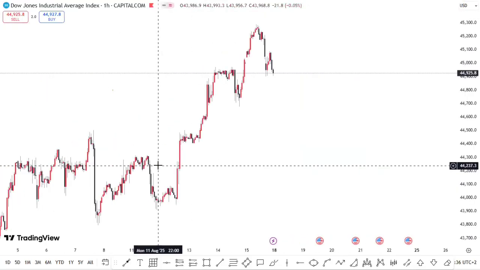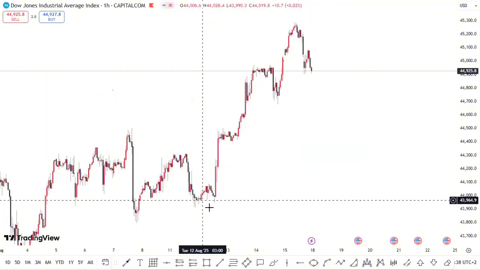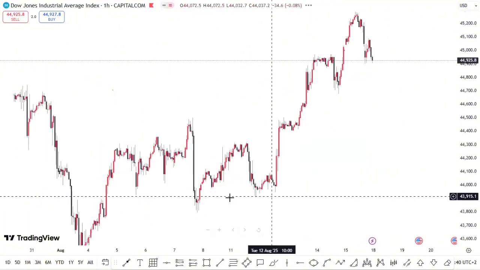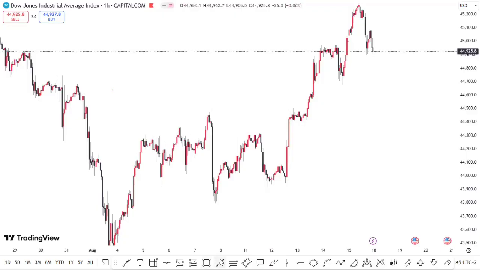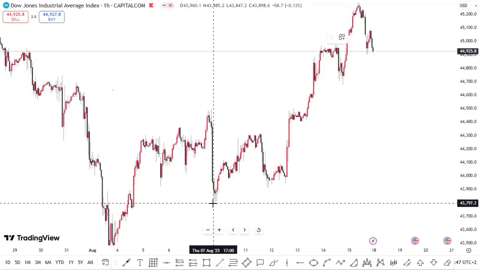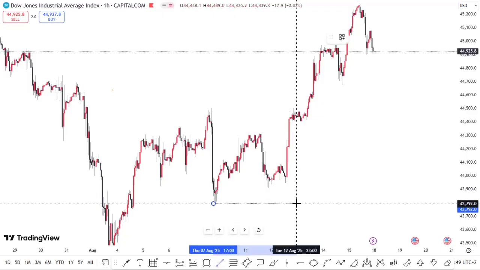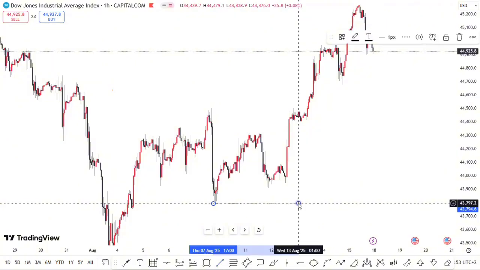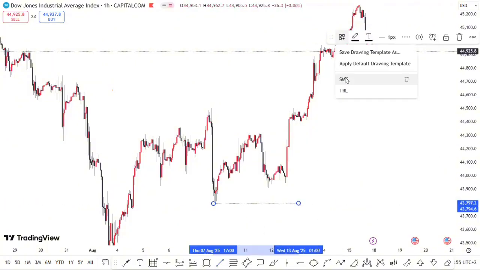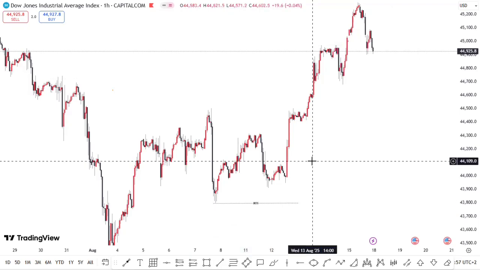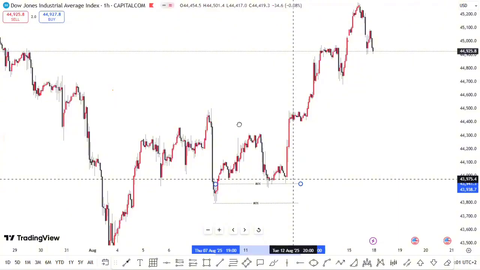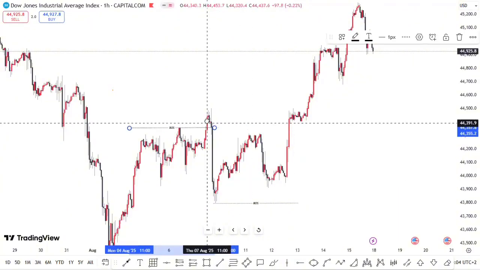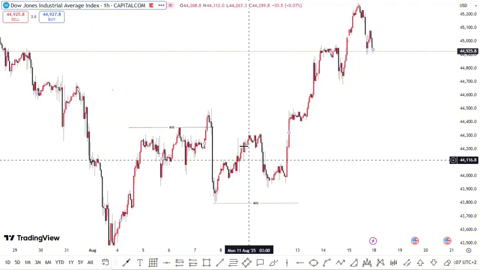So here, guys, we have USDT. Going to take my trend line. Name it as a break of structure. Copy. Now let me fix this one.